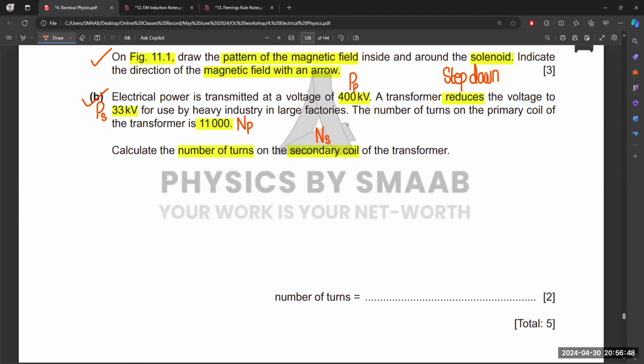So again, this is a simple question, right? You know, N is given, V is given. So we have to relate the number of turns with the voltage to find out the answer. So it will be like the number of turns in primary divided by voltage in primary is equal to the number of turns in secondary divided by voltage in secondary. So the number of turns in secondary is unknown.